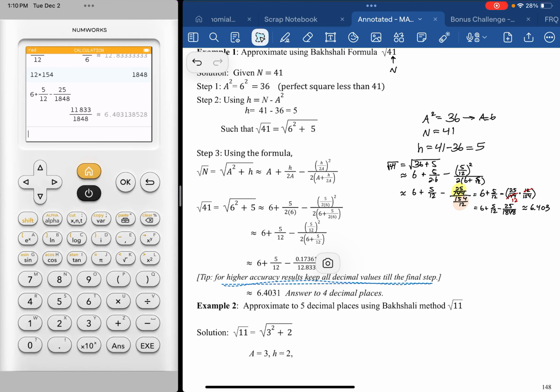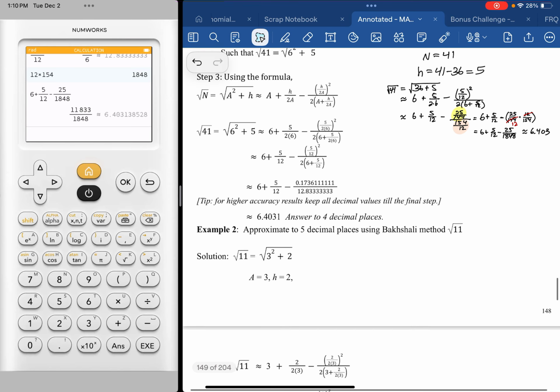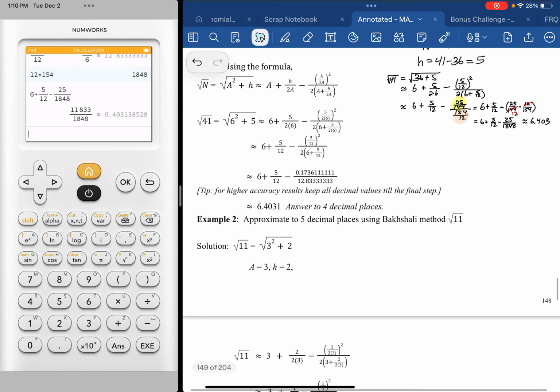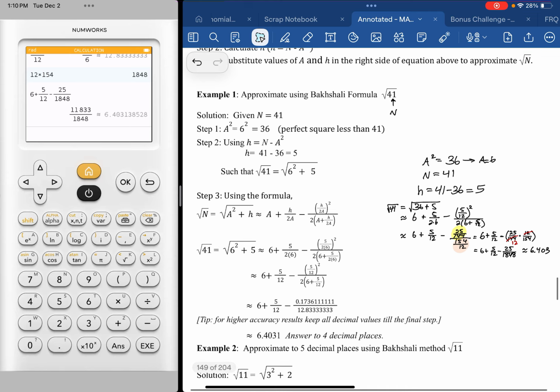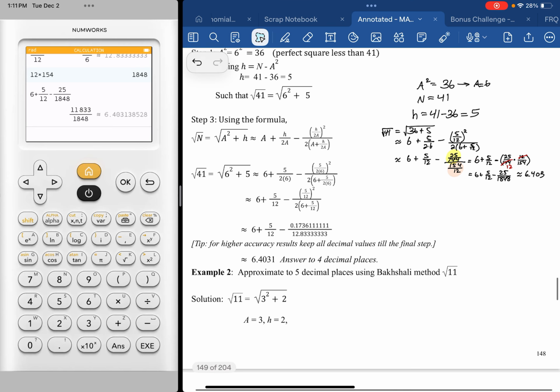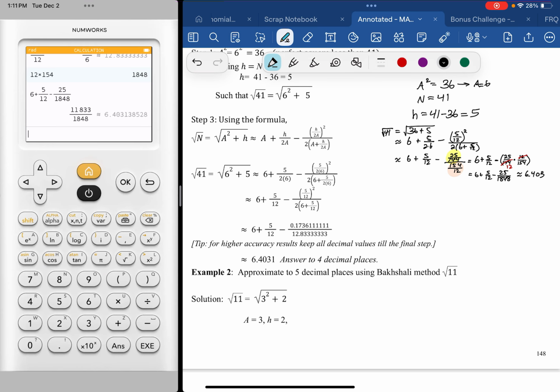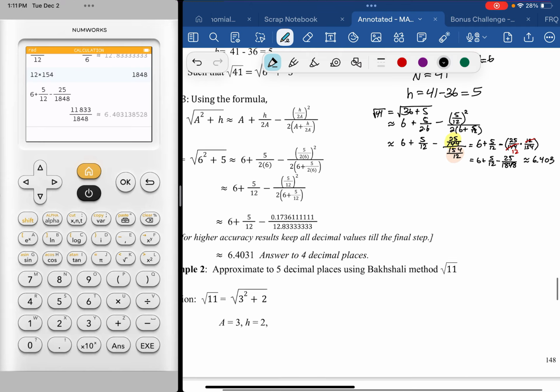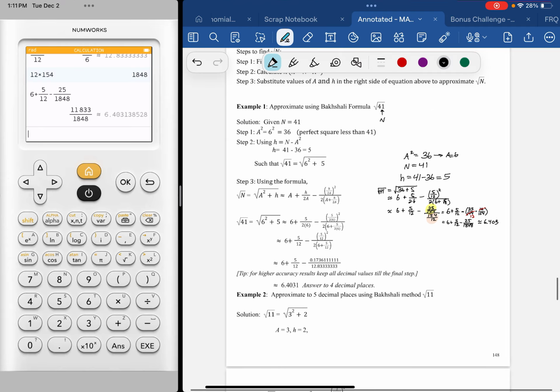So you can probably convince yourself that it's not anything too crazy. A little bit more calculation here. Obviously, the bigger the numbers get, the crazier the calculations will be, but it's still fairly manageable.